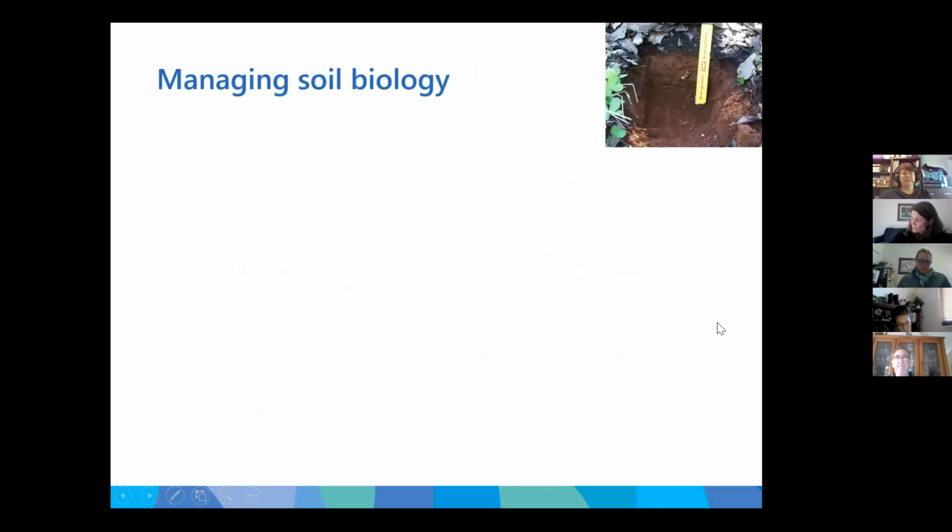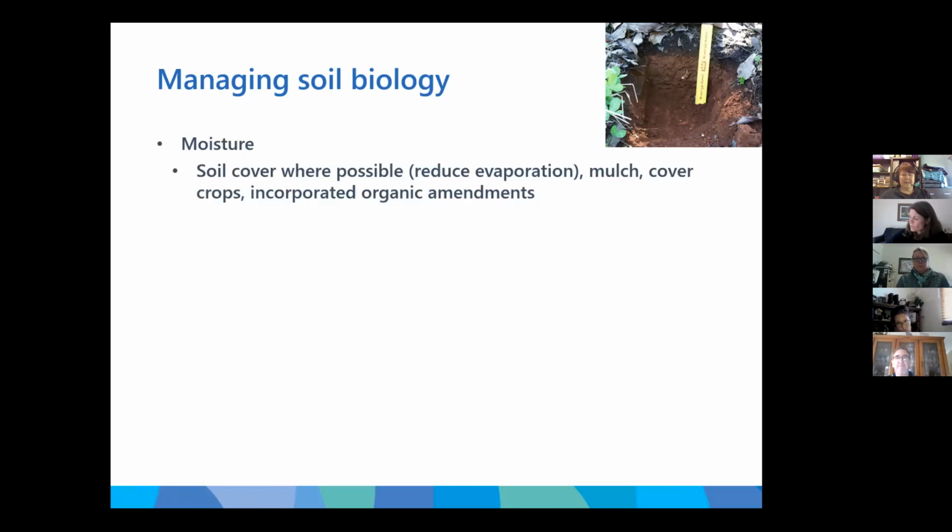So given those kind of principles, how can we manage our soil biology in the different systems? If we look at moisture, look at our system, what can we do with making sure we have enough moisture in our soil? One possibility is a soil cover, which can reduce evaporation losses.